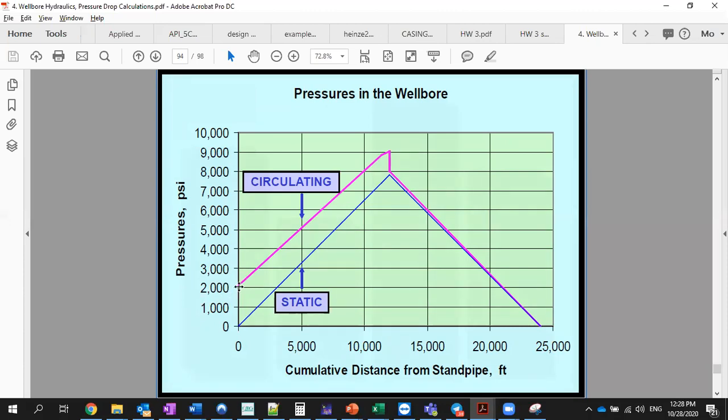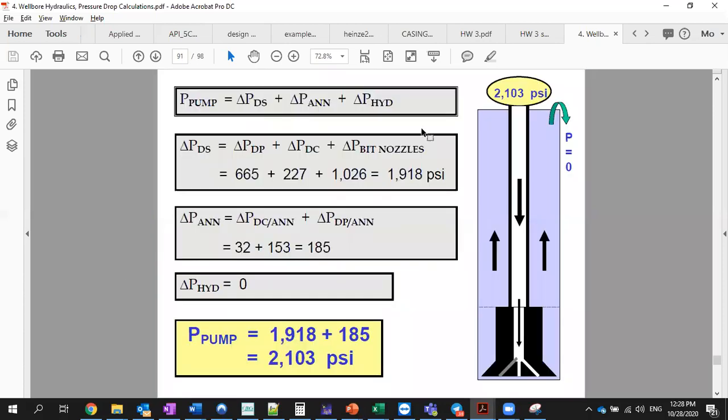Now, once you go down, let's look at how your pressures have changed, right? From this point, surface 2000 psi, all the way to this point on the top of your drill collar inside the drill string system, right? So what components have changed from surface to this point? You guys tell me.